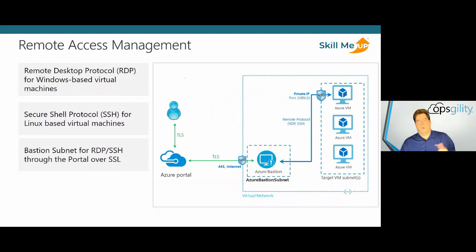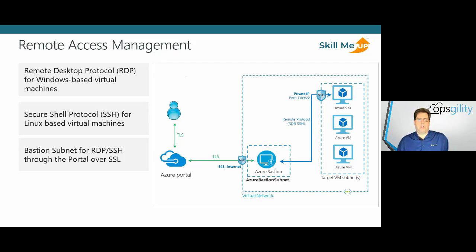Another way to provide a level of protection is utilizing remote access management by blocking remote desktop protocol or SSH protocol at the internet basis, and then utilizing a Bastion host on a Bastion subnet to connect. It's very similar to that jump box concept and that privileged access workstation, but the Bastion subnet is not a workstation per se.